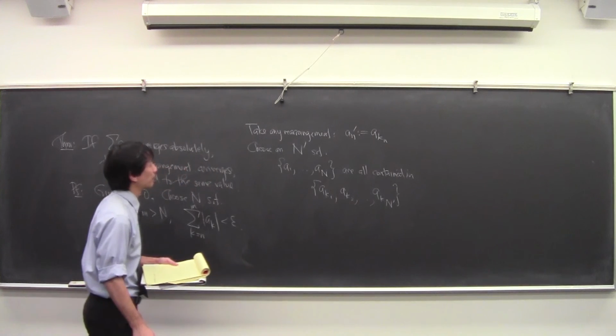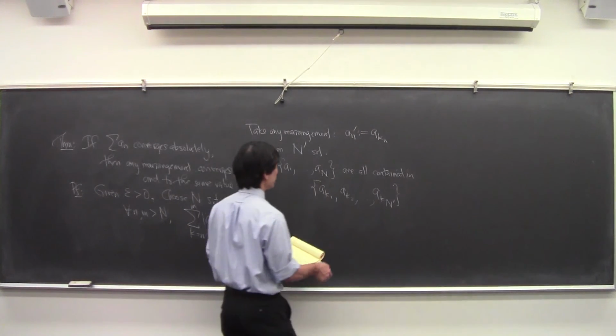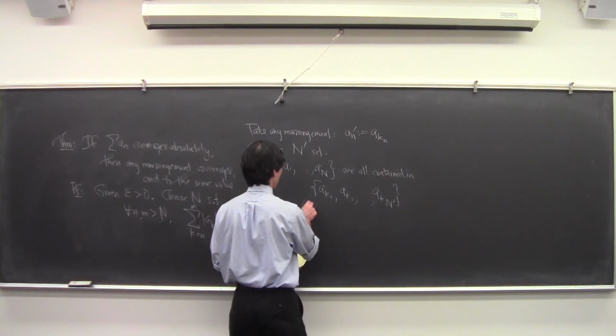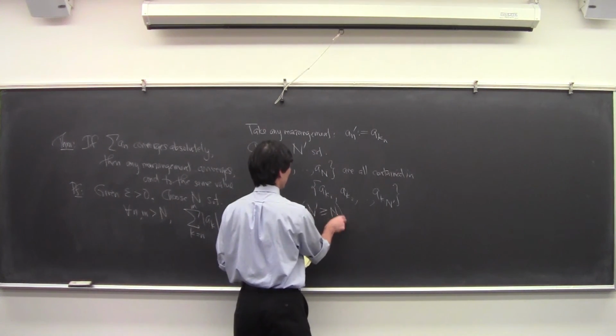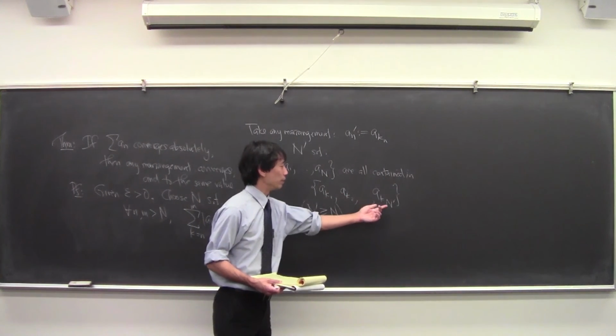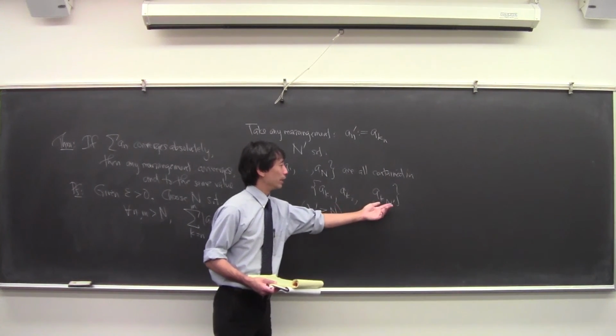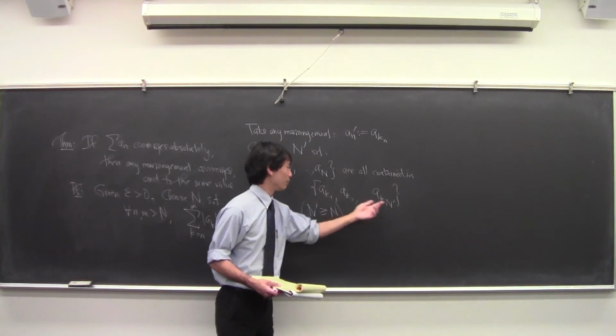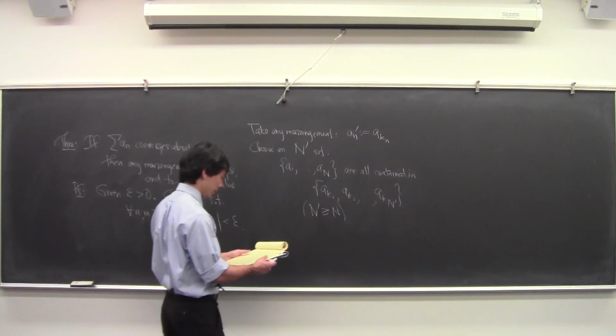Okay. And notice that right there that N prime is greater than or equal to N, because there are N prime terms here, and there are N terms here, so N prime had better be bigger than or equal to N.